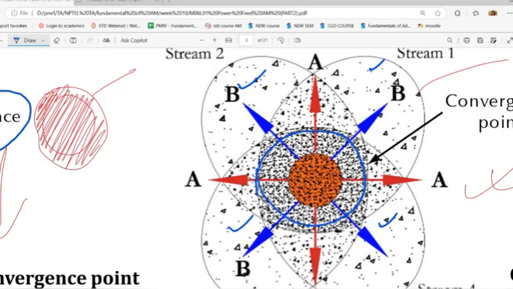And in between, this red spot is my laser focus spot diameter. Inside the laser focus spot diameter, all my powder particles are coming, whatever is coming from these four streams. So when I deposit, these powders will get fused together because of the high temperature gradient and the heat of the laser. It's not that this much powder will be fused and this much will not.